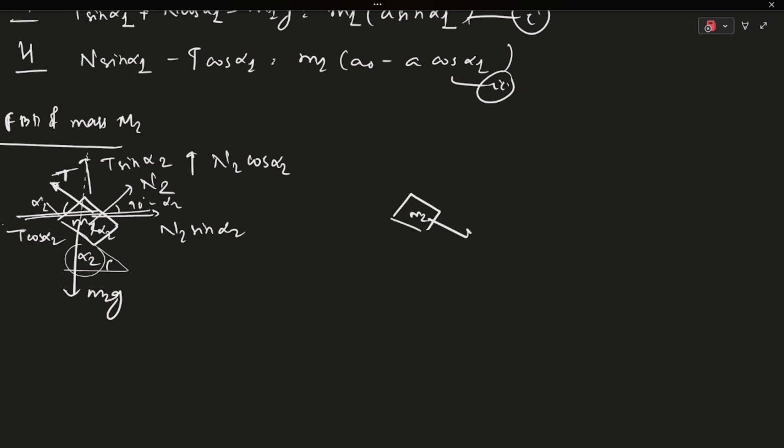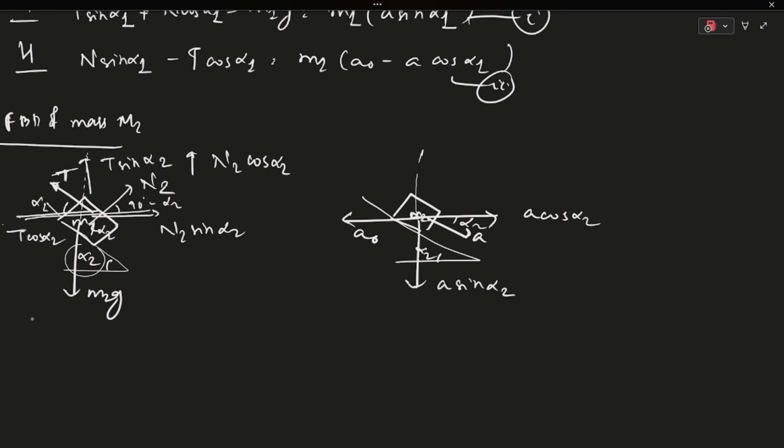M2 has acceleration A in this direction and A naught towards left. This angle is alpha 2. This will also be alpha 2 as these are parallel. So A in horizontal direction is A cos alpha 2, vertical direction A sin alpha 2.